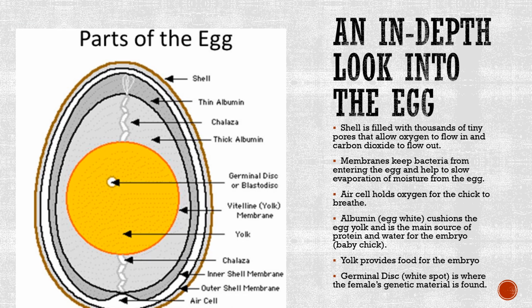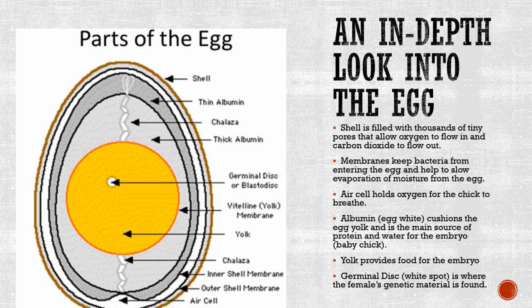We're going to take an in-depth look into the egg. You can look at the picture to my left of the parts of the egg. We see the shell, the germinal disc, the membranes, the yolk, the inner and outer shell membrane, and even the air cell.